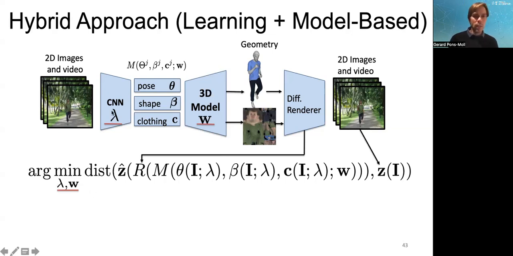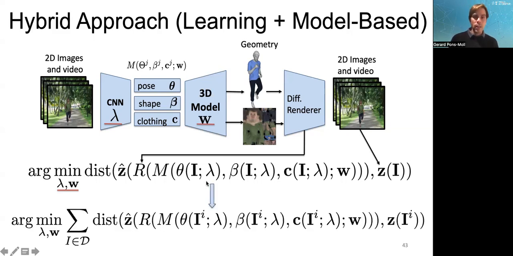And yeah, you could optimize the network parameters and the model parameters in order to minimize this discrepancy between my model of the world and the world. So we have this optimization. The only thing is that this optimization now is a learning problem. So we don't have a single instance optimization, but we have a loss function over a training set.